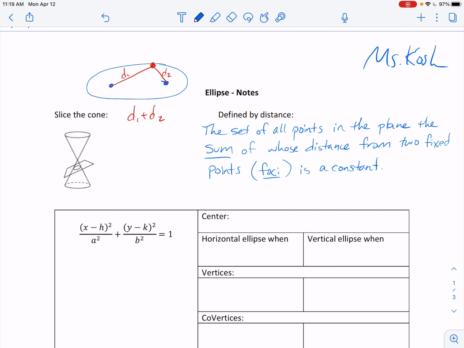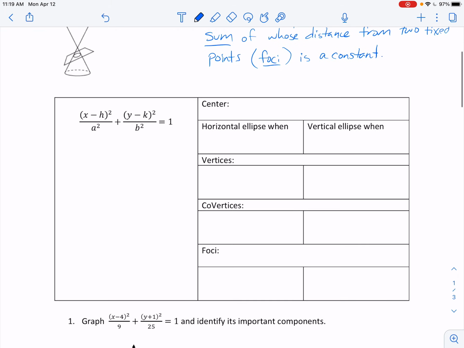All right, so what we have here is we're given this equation. This is the standard form of an equation of an ellipse. And you'll notice that it's pretty similar to a circle.